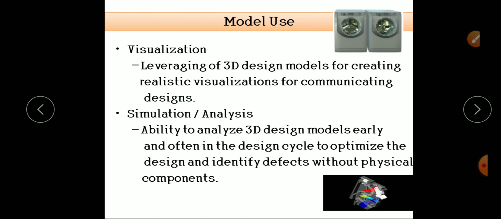Model use in visualization is leveraging 3D design models for creating realistic visualizations for communicating designs. Simulation and analysis is the ability to analyze 3D design models early, and often in the design cycle, to optimize the design and identify defects without physical components.